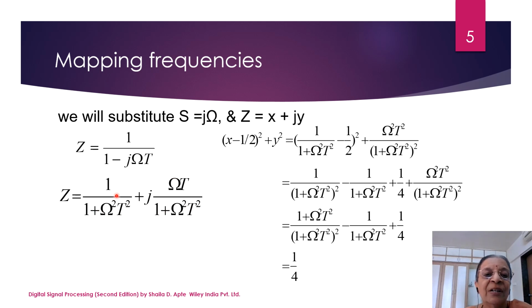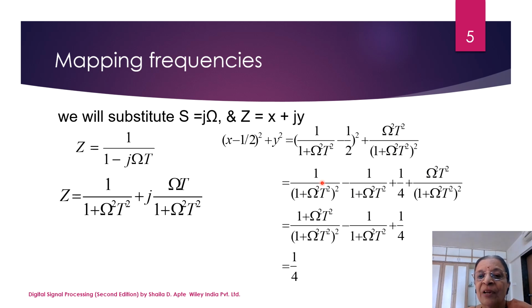So let me substitute x in this equation: x is 1 upon 1 plus omega square T square, minus half, raised to 2, plus y square, which will be omega square T square upon (1 plus omega square T square) raised to 2.